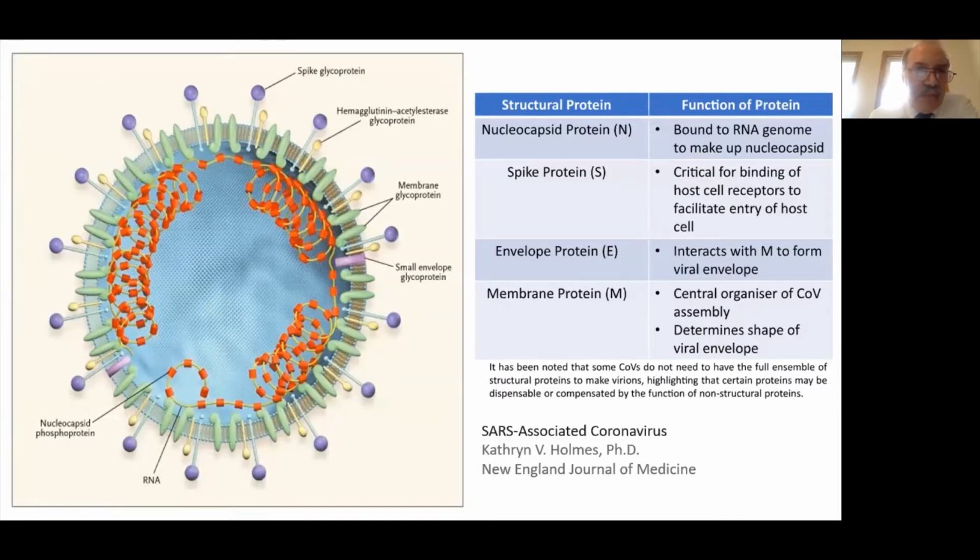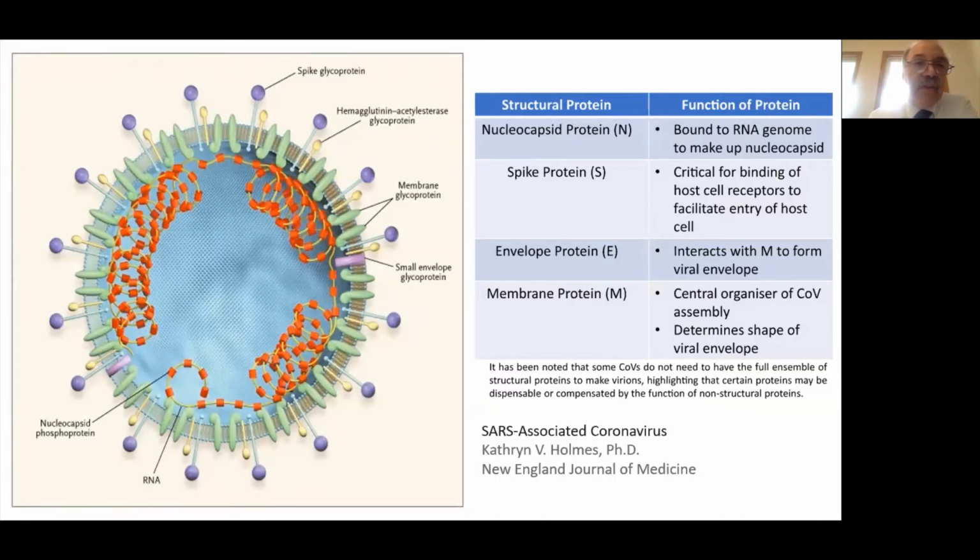The rest of the structure can be seen here. There's a membrane that surrounds this RNA genome that is derived from the cell. When the virus is leaving the cell it has infected, it picks up part of the membrane from the cell. And within that membrane there are a number of viral proteins jutting out into the environment.